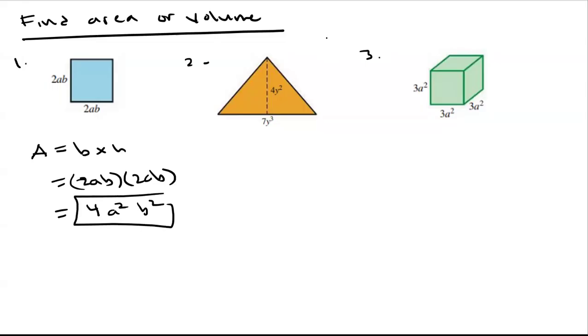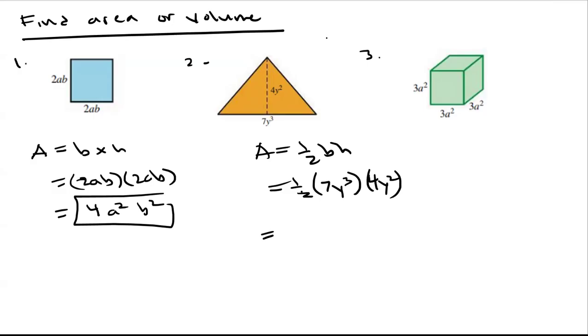The next one here is just a triangle, so the formula for that will be half times base times height. The base here is 7y to the third, and then the height is 4y squared. So 7 times 4 is going to give us 28, so that's 1/2 times 28, and then y to the third times y squared, well, it's the same base, so we can just add the power.